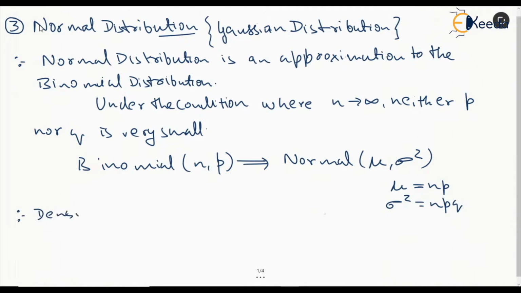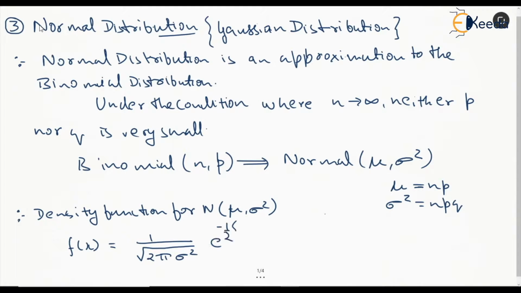The density function is given as f of x is equal to 1 by under root of 2 pi sigma square, e to the power of minus half into the whole square of x minus mu by sigma. And this curve is defined for the entire x-axis, which is minus infinity to infinity.